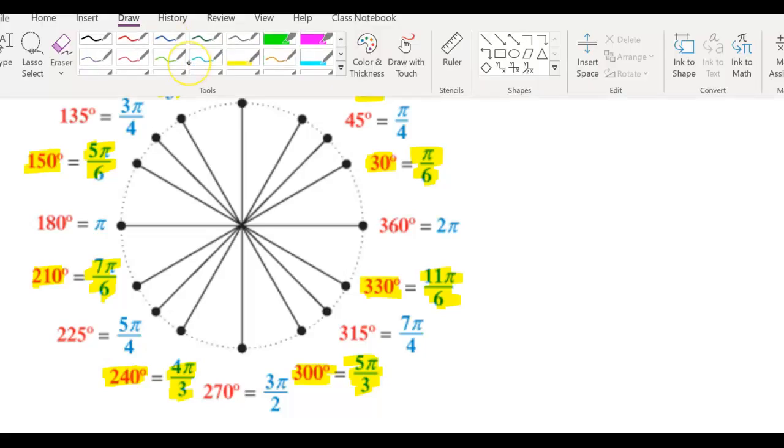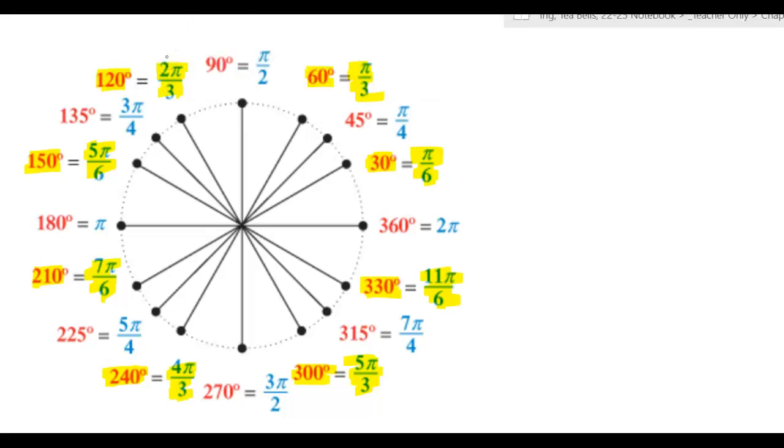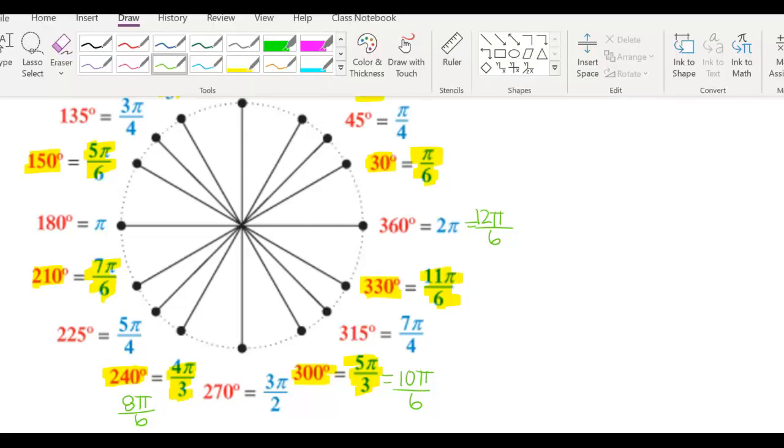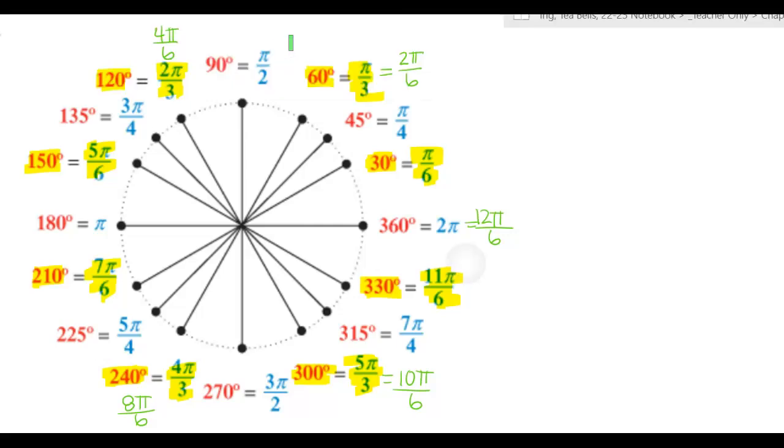For example, your pi over 6, this one was 2 pi over 6. This one was 4 pi over 6, 5 pi over 6, 7 over 6. This one is 8 pi over 6, 10 pi over 6, 11 pi over 6, and then this is always 12 pi over 6, which simplifies to 2 pi.